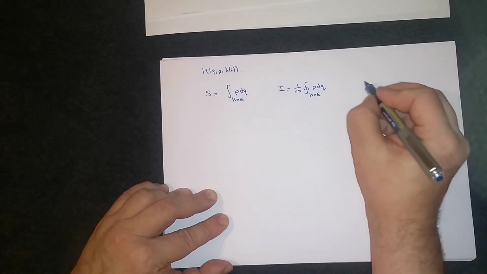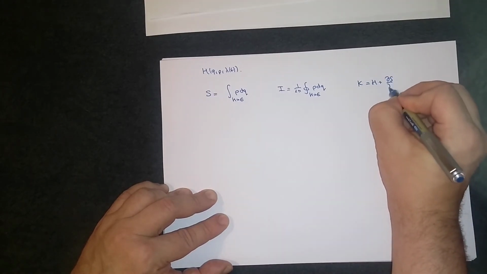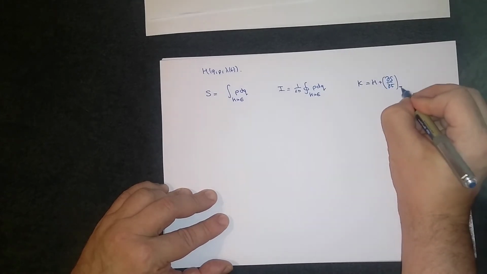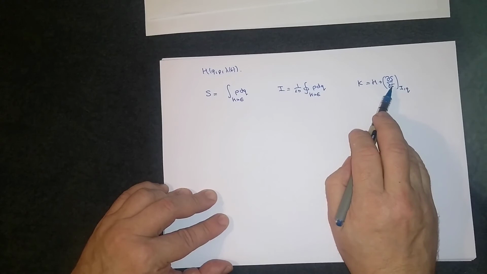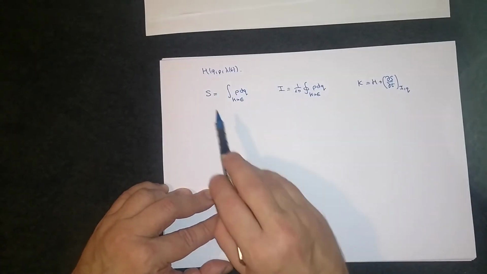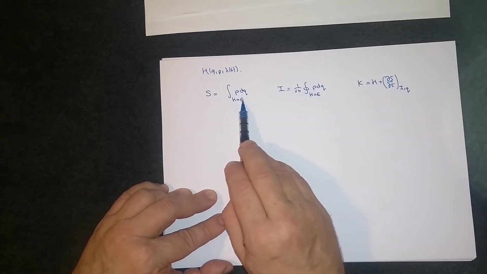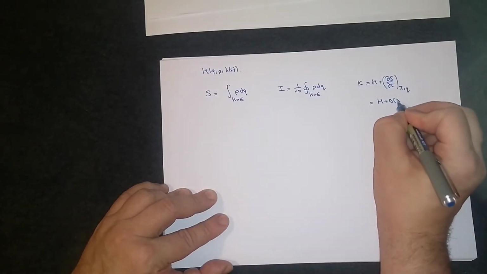We know that k is equal to h plus partial ds by dt at constant I and q. Now all time dependence comes in via the function lambda. So this depends on lambda, and therefore we have h plus order lambda dot.